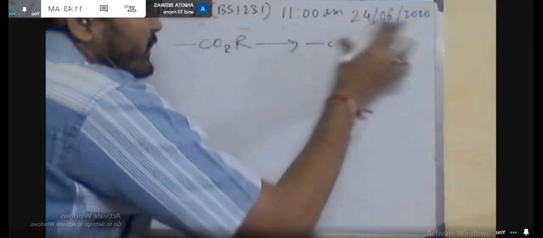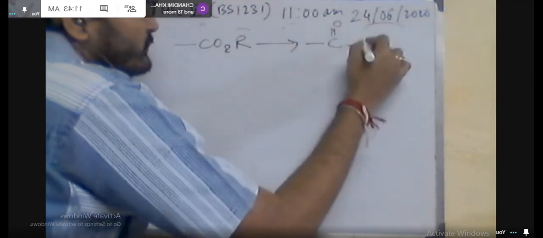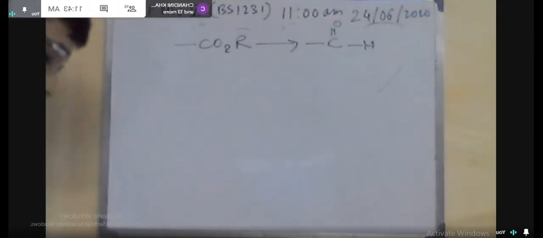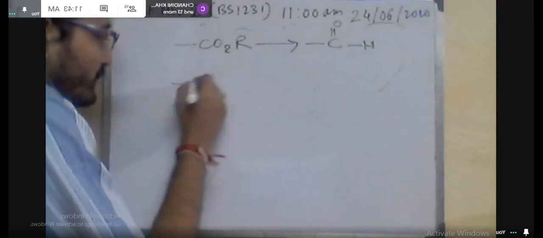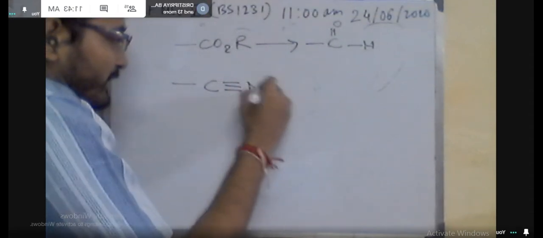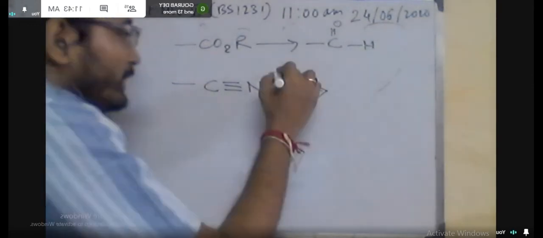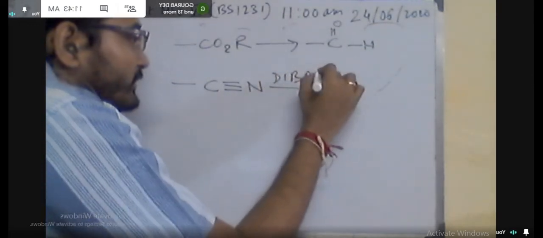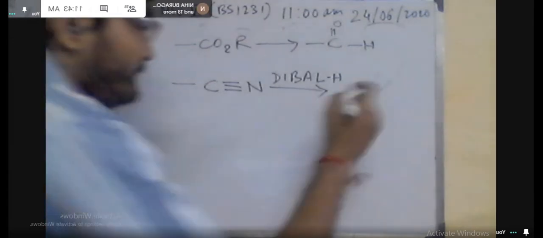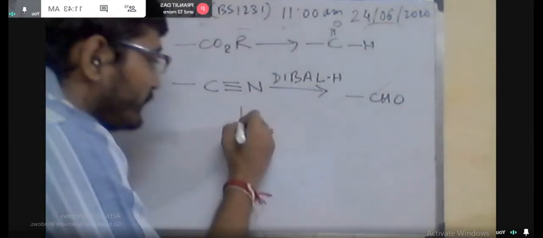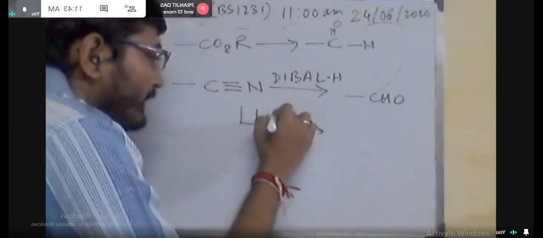So for a specific example, the cyanide is here, and in this case if you use DIBAL-H, it will be converted, and finally this is step 1 and step 2 is the acid workup.